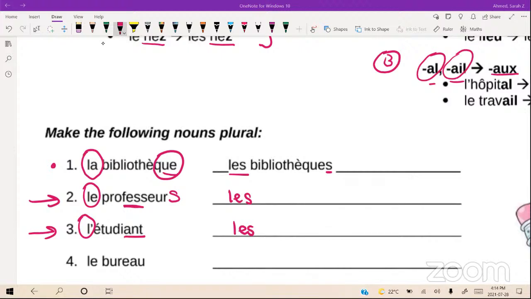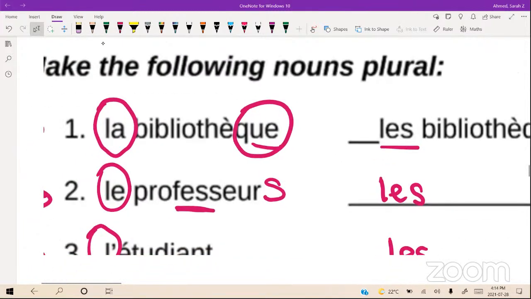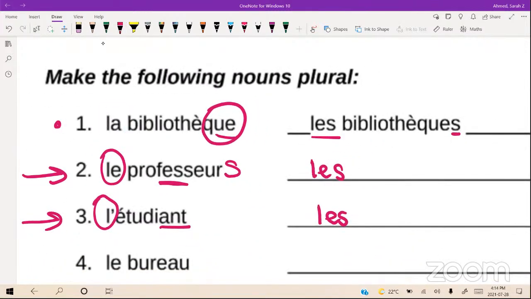Oh, so basically the definite article is, let me highlight them, okay? So this is a definite article, la, le, or L apostrophe, right? These are the definite articles for singular. So this whole column is singular. Over here, we have to write the plurals, right?